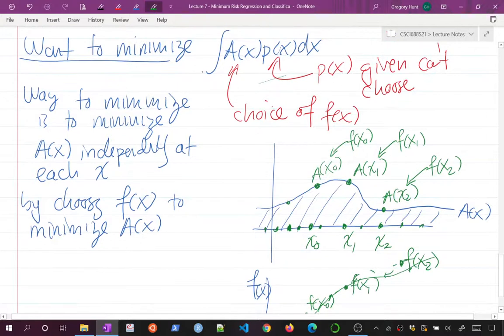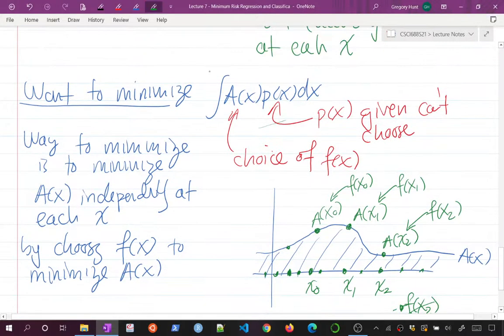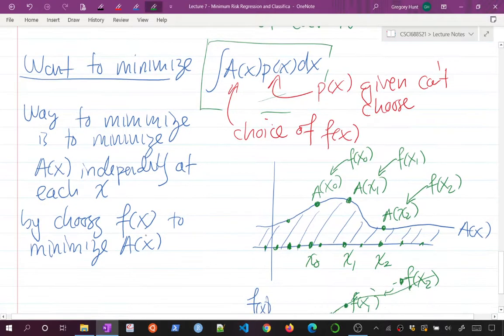So the way to minimize this quantity, which is a simplified but nice version of our risk, is that I choose the value of f, that is f of x, at each x to minimize a of x.